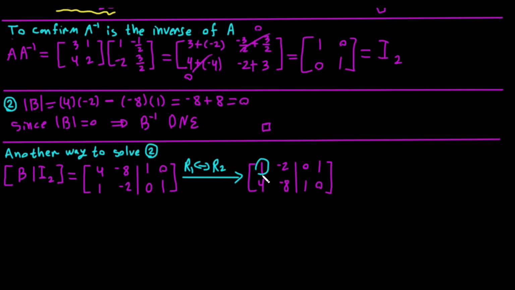So here we have this one as 1. Now we have to make this one 0.